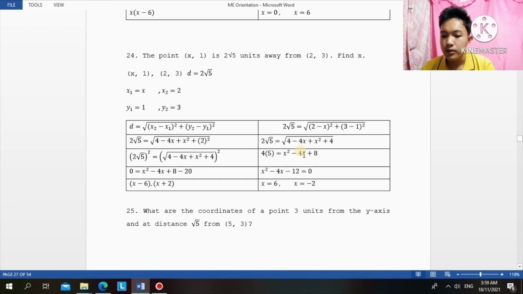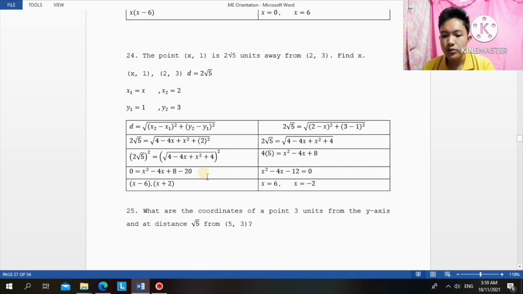So, it will become x squared minus 4x plus 8. So, 4 times 5 will become 20. Then, transpose to the left, 20 to the right will become negative 20. So, our equation will be 0 is equal to x squared minus 4x plus 8 minus 20.